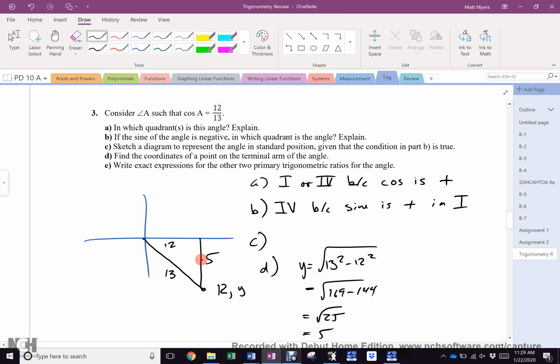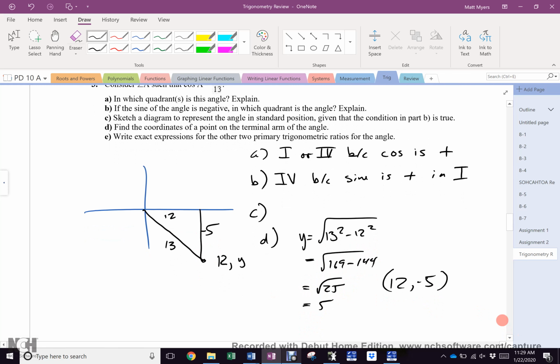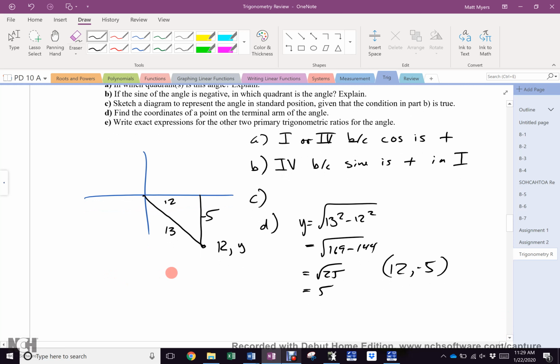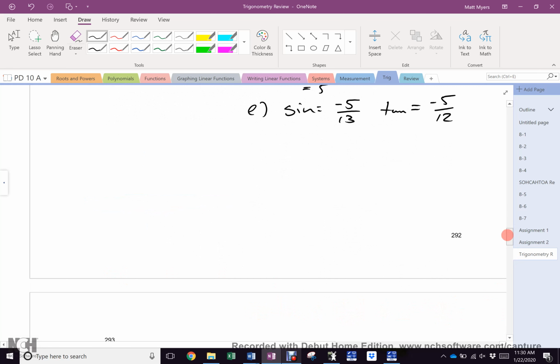So since it's down, it has to be negative 5, so the coordinates are 12, negative 5. And write exact expressions. E, sine equals negative 5 13ths, and tan equals negative 5 12ths.